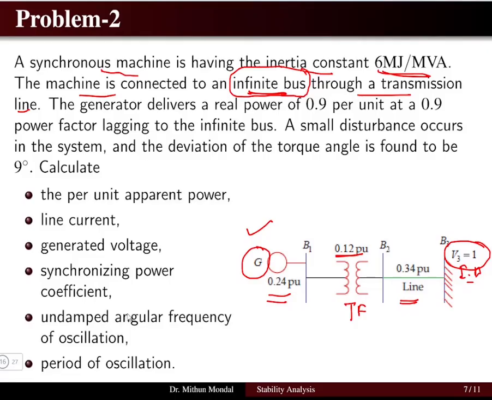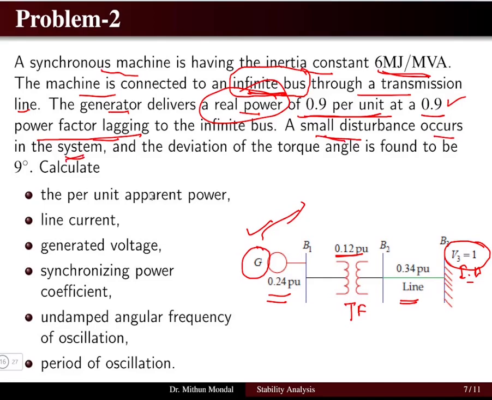We have to calculate a few things, given that the generator is delivering a real power of 0.9 per unit at 0.9 power factor lagging. Now there is a small disturbance occurring in the system.